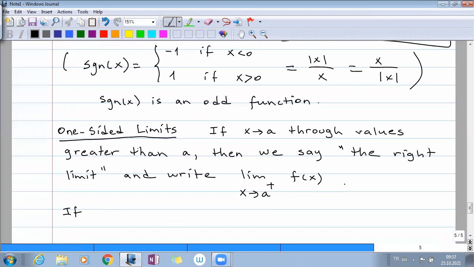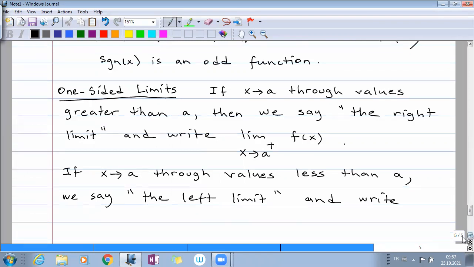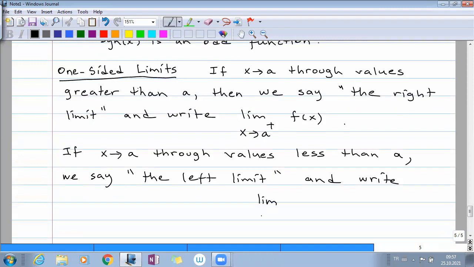If x approaches a through values less than a, we say the left limit, and the left we denote by the minus sign. Limit as x approaches a from the left.